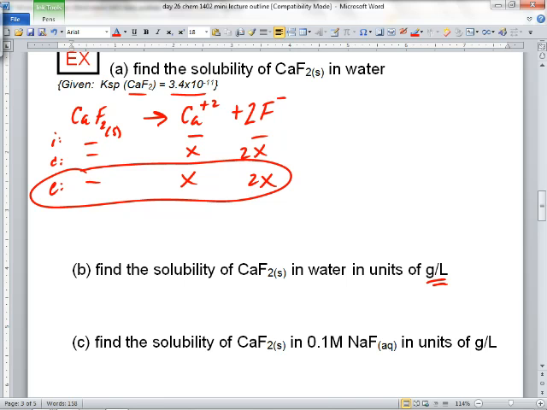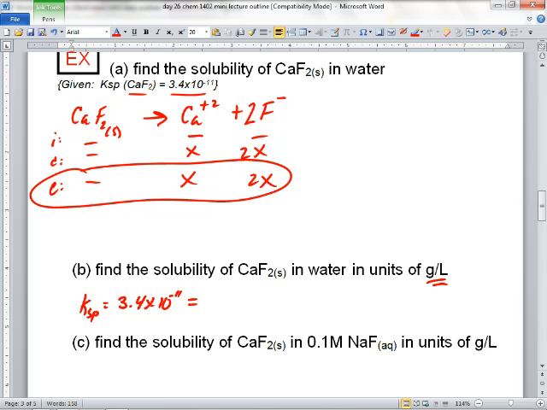So, Victoria, what would be your next step to get X and ice? Yeah, the KSP. Set it up to equal to the KSP, she says. KSP is 3.4 times 10 to the negative 11. Let's not skip any steps. You just got off spring break. You're playing with fire if you start skipping steps.